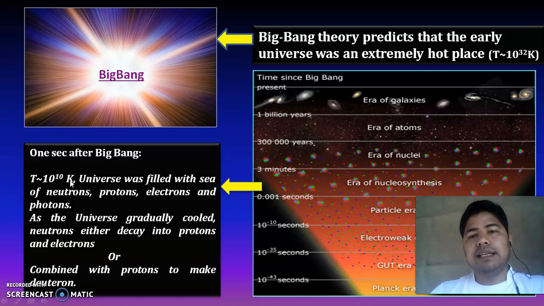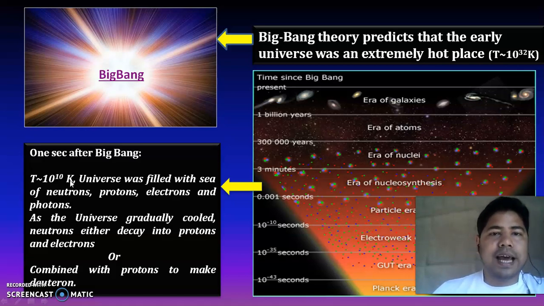So in this era, from just after 1 second after the Big Bang to 3 minutes after the Big Bang, within that time duration, these protons, neutrons, and electrons evolved, and they produced the heavier elements like deuteron, hydrogen, helium-3, helium-4, etc. We'll be discussing those things in the next slide.